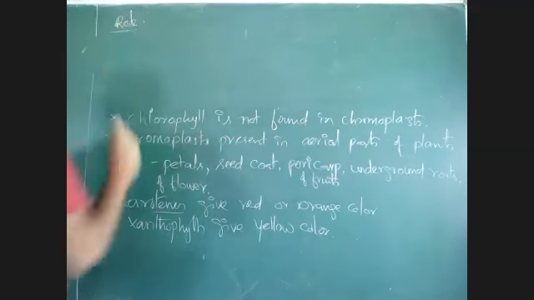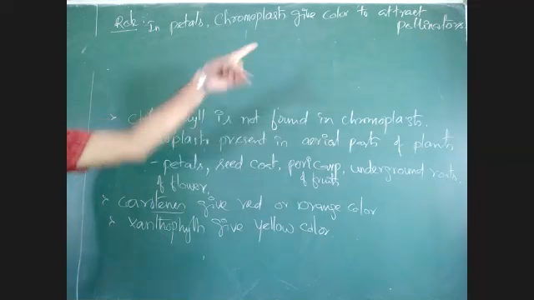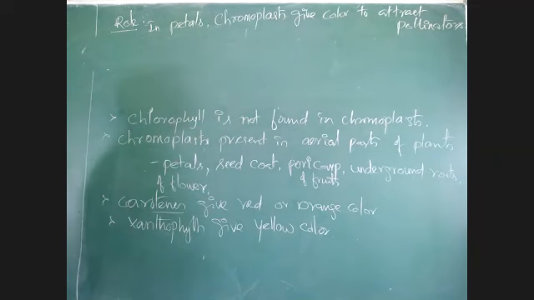What are pollinators? Pollinators, you know, transfer gametes from male flower to female flower. Pollen grains are transferred from male flower to female flower. That is pollination. That pollination may be carried by some agents, like insects and birds, such as honeybees and butterflies.